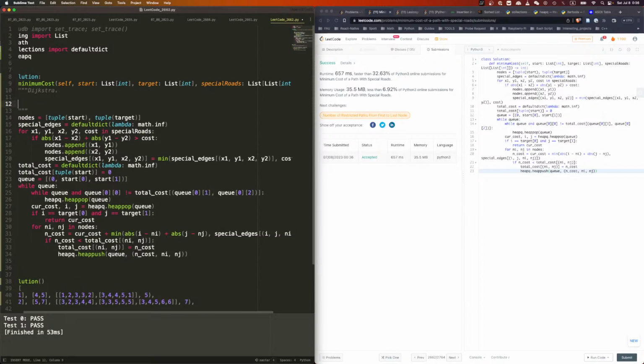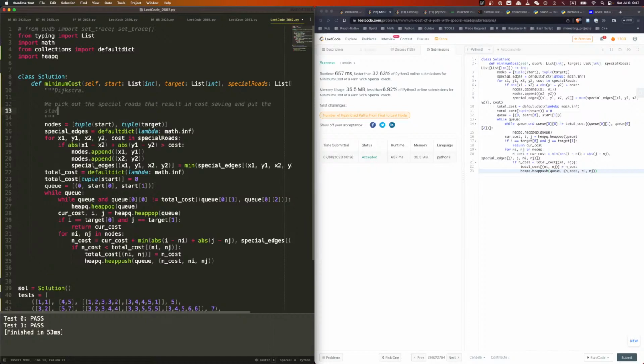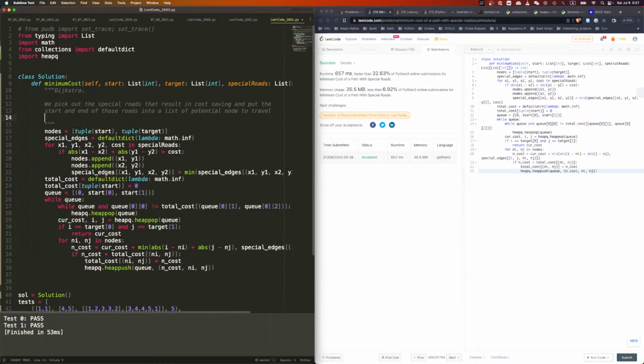Dijkstra. We pick out the special roads that result in cost saving and put the start and end of those roads into a list of potential nodes to travel through.